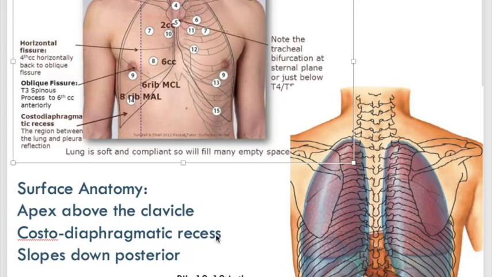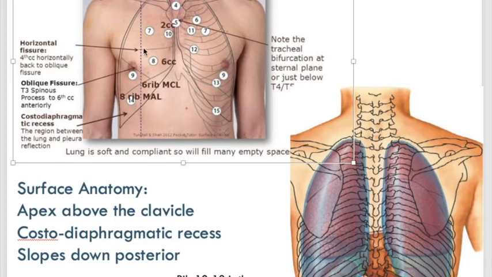Right, so here we can see an area there, around there, that is not filled by lung volumes, and that is called a costodiaphragmatic recess. This area is where we will find accumulation of fluid.